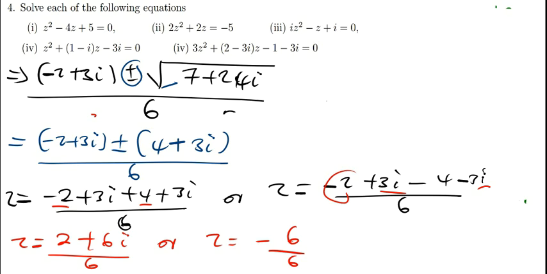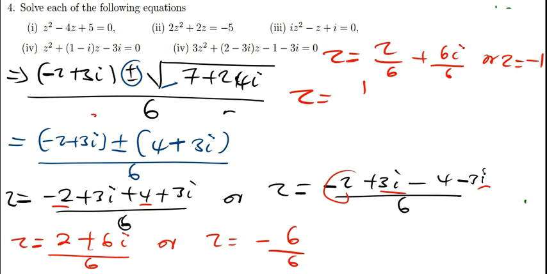So z will be equal to, I can factor out 2, or in fact I can just say 2 divided by 6 plus 6i divided by 6 for the first part, so z is 1 over 3 plus i.